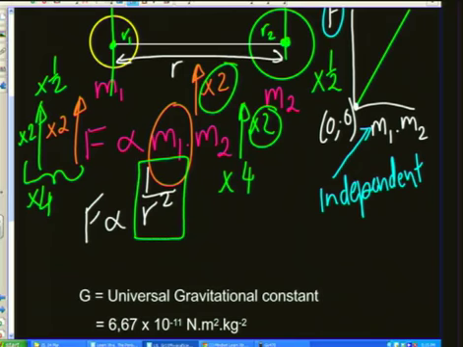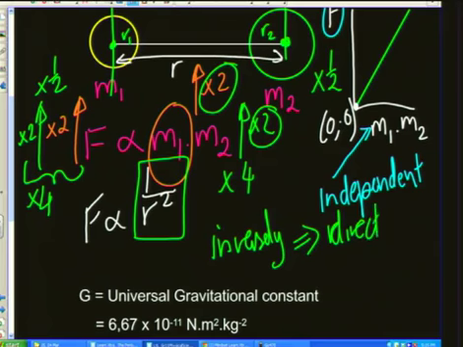When we say something is inversely proportional, it also means directly proportional to 1 over. So if F is inversely proportional to R squared, then F is directly proportional to 1 over R squared.